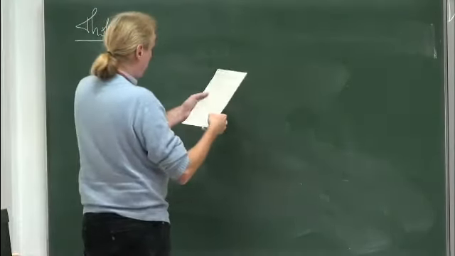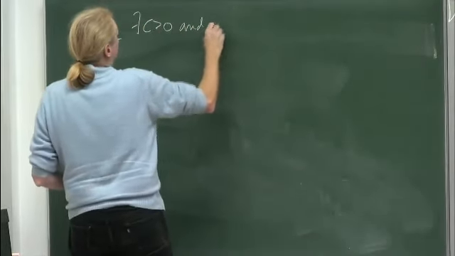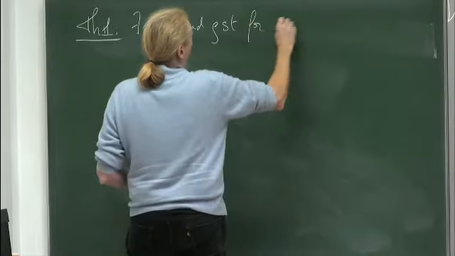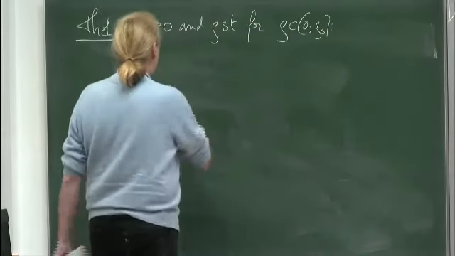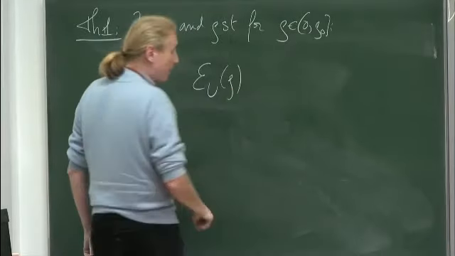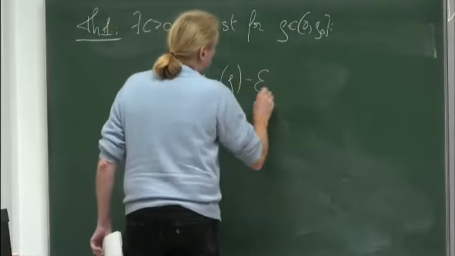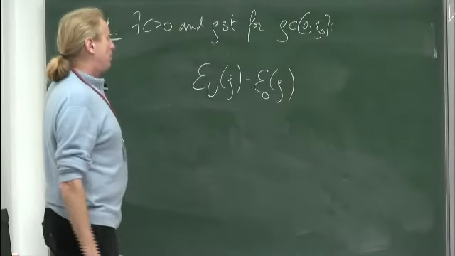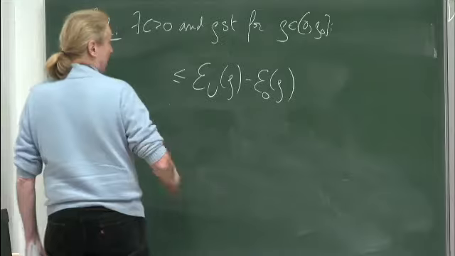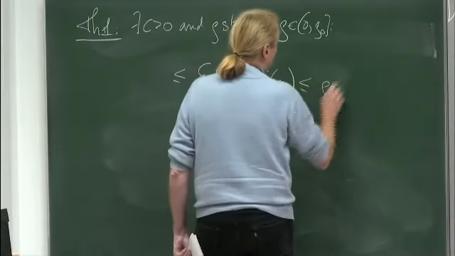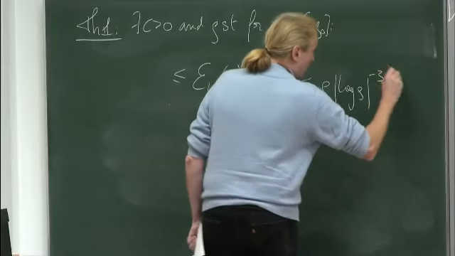So recall that there exists some constant and some rho 0, such that for rho smaller than rho 0, if you compare the density of the ground state energy per particle for the interacting Hamiltonian to the ground state energy per particle for the free Hamiltonian, then this is upper and lower bounded by rho times log rho to the minus 3 times some constant.